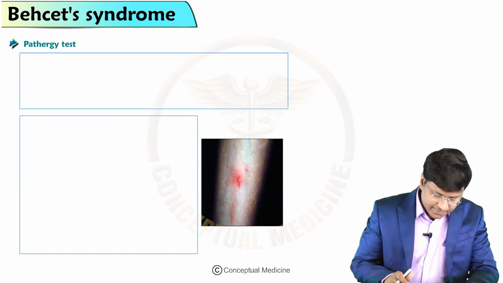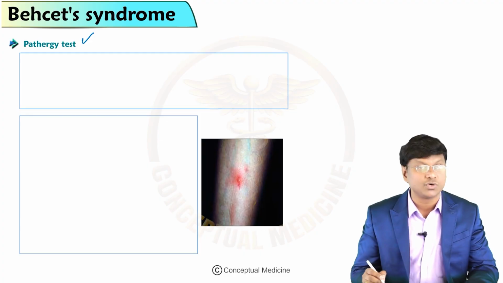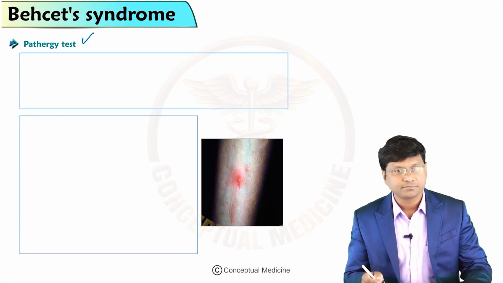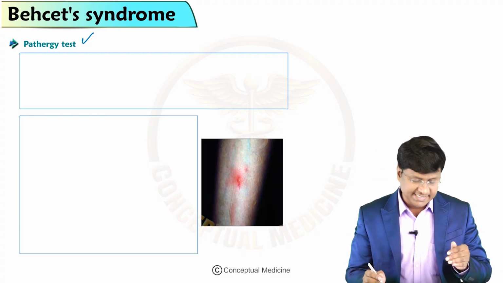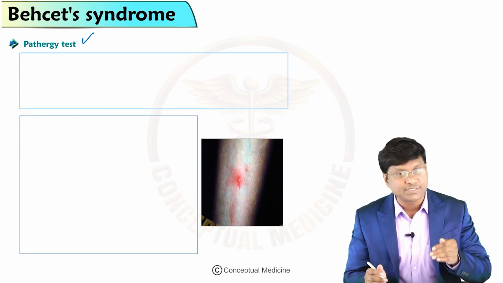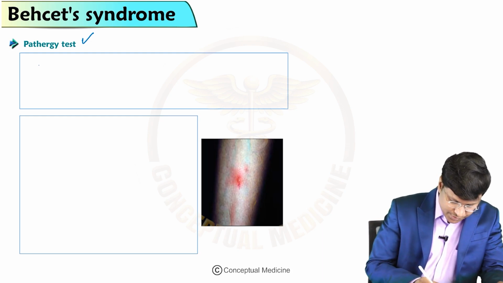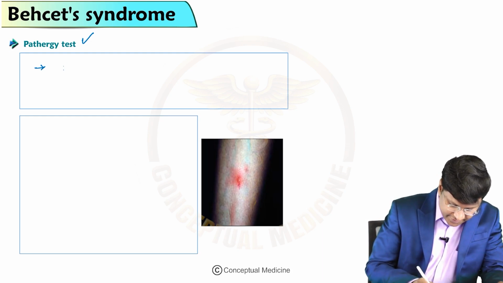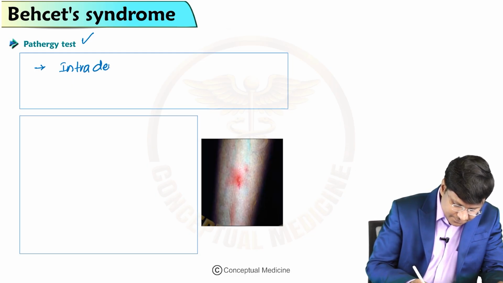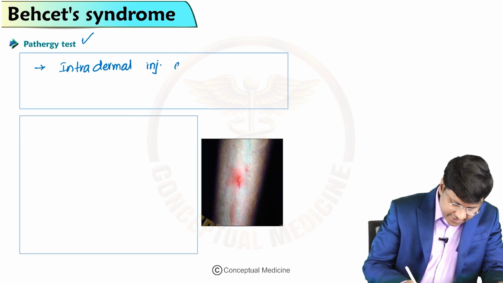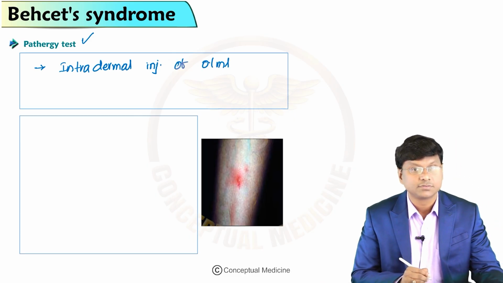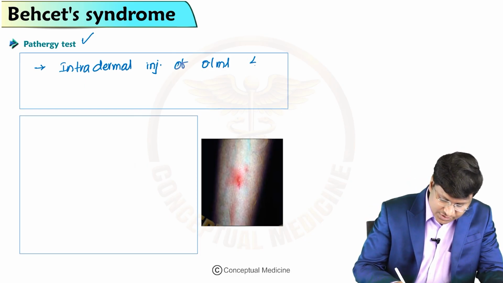Then we have another important skin test called the Pathergy test. The Pathergy test is done in patients with Behcet's to diagnose Behcet syndrome. What you have to do is give an intradermal injection of 0.1 ml of isotonic solution.